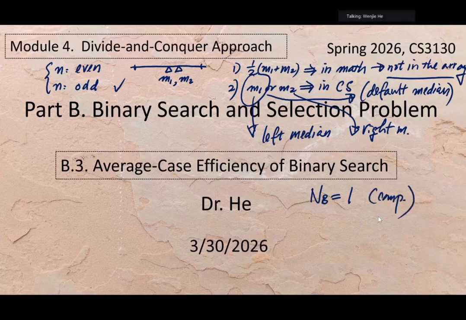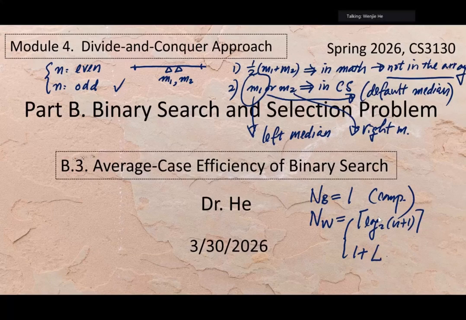The worst case, W, we have two formulas. One is the ceiling of log base 2 of n plus 1. The other has the same value but a different expression: the floor of log base 2 of n. Now the question: we want to target the average case. Before we start, I want to ask you one question.